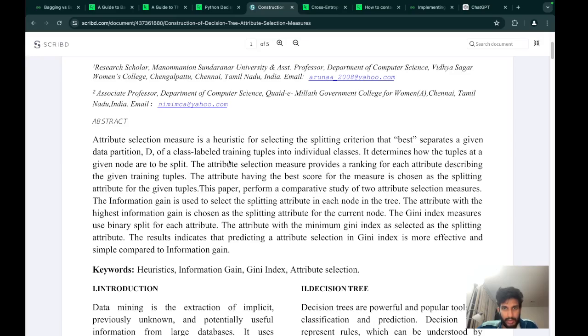Heuristic for selecting the splitting criteria that best separates a given data partition D of class-labeled training tuples into individual classes. It determines how the tuples at a given node are to be split. The attribute selection measure provides a ranking for each attribute describing the given training tuples.